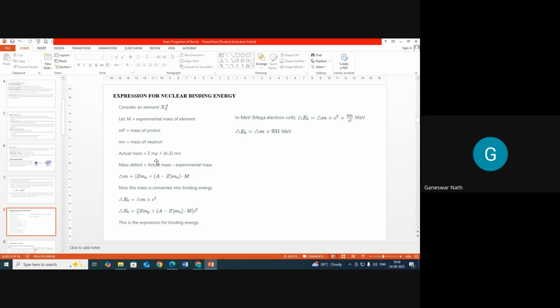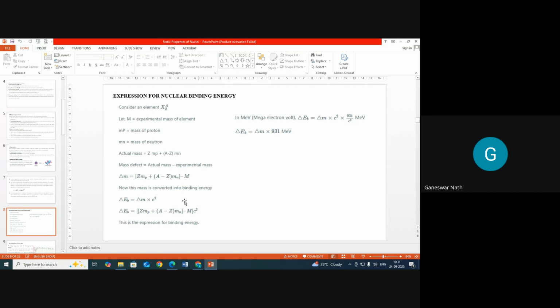The mass defect is the difference between the calculated mass and the experimental mass, so delta M is equal to Z Mp plus (A minus Z) Mn minus M. This mass is converted into binding energy, so delta EB is equal to delta M times c squared. Substituting the value of delta M gives the expression for the binding energy of the nucleus.